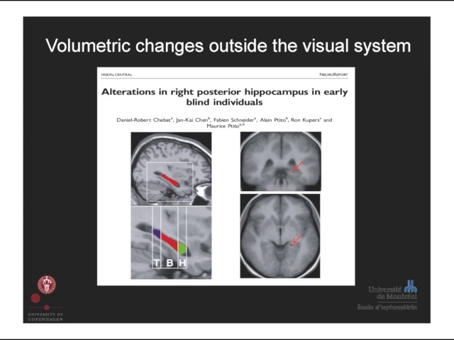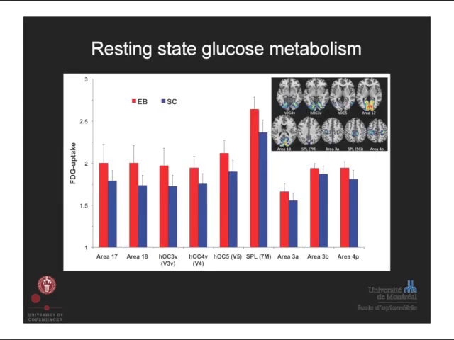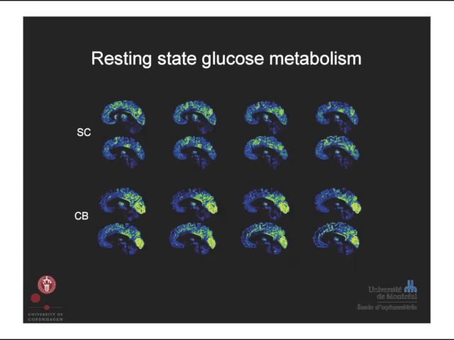Other alterations we found were in the posterior part of the hippocampus; the posterior callosum was also affected. Then we looked at metabolism at rest of the brain, and without spending too much time, the back of the brain is highly metabolic, as you can see here.